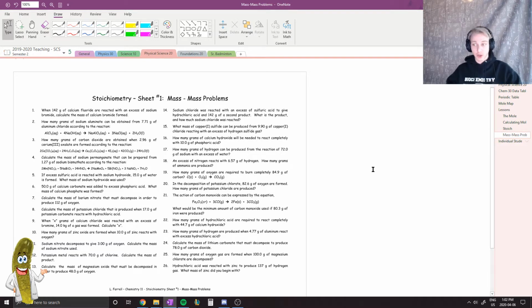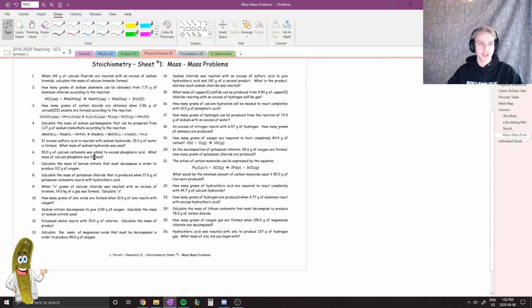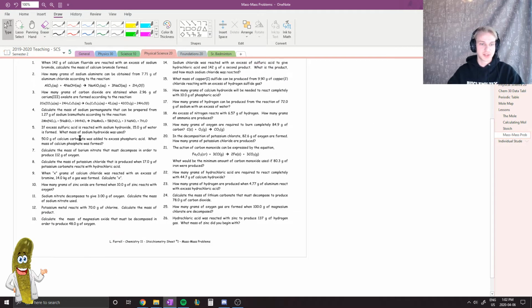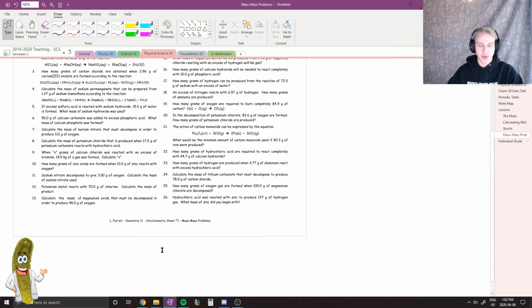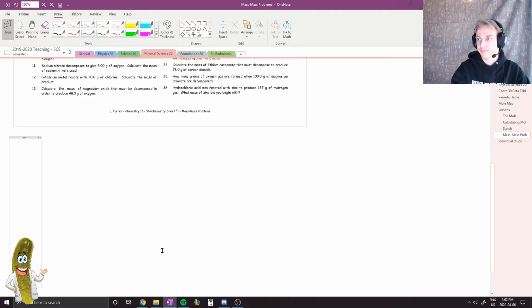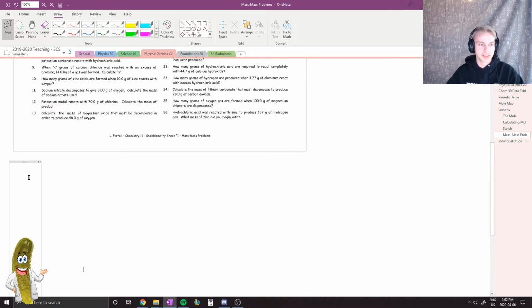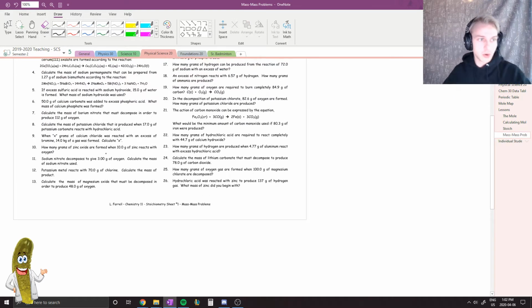We'll get into limiting reagents in a little while, but I just want to work through these so you can see how to do them. The best thing for you guys to do is have a piece of paper and a pencil out, and then we'll work through some of these problems. So, question 4.